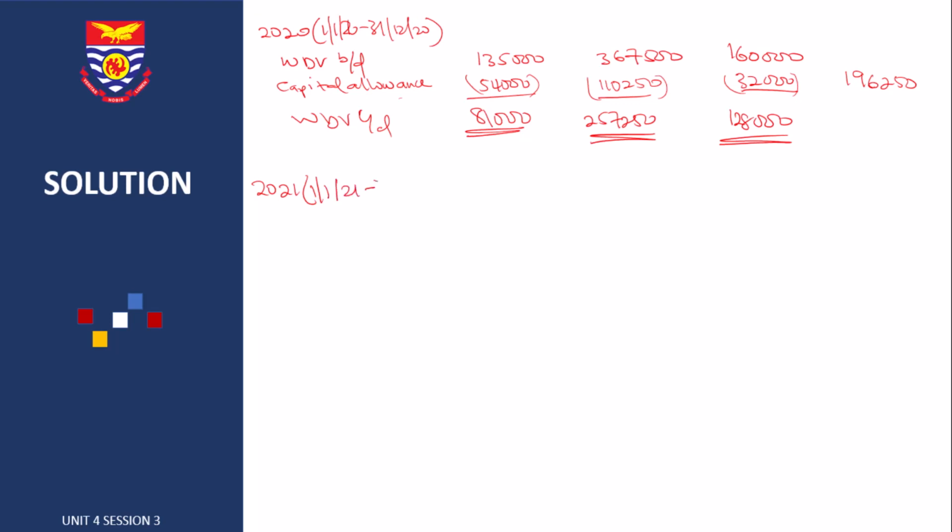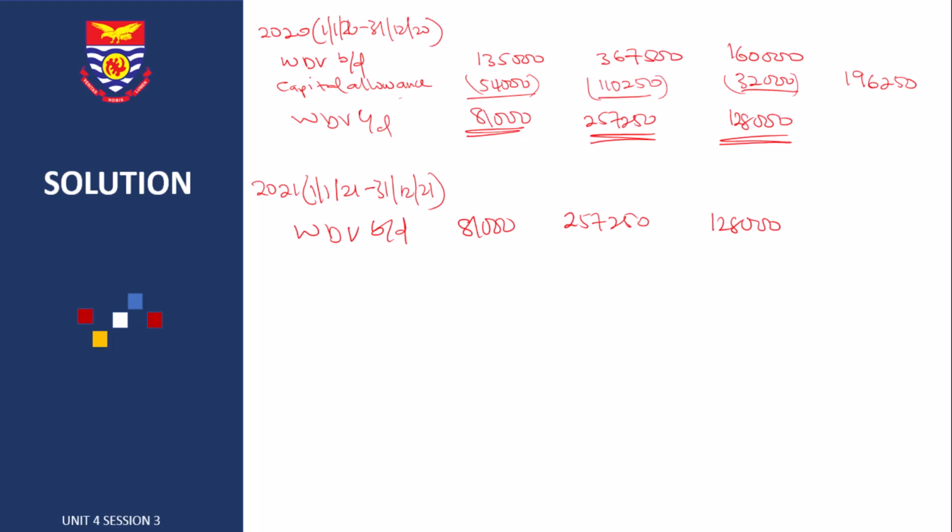We have our basis period. So written down value brought down. For class 1, we have 81,000. Class 2, we have 257,250. And then class 3, we have 128,000.